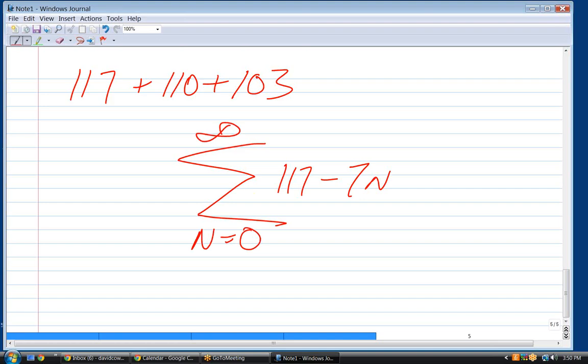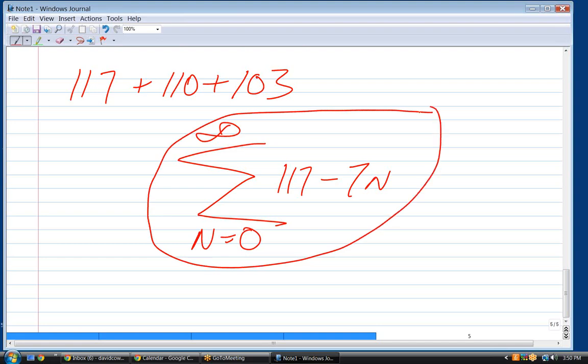Yeah. What else do they want to know here? That's it. They just wanted to write it in sigma notation. Okay. And sigma notations are not unique. That's not the only one I could have come up with. I could also come up with this one. Yeah.